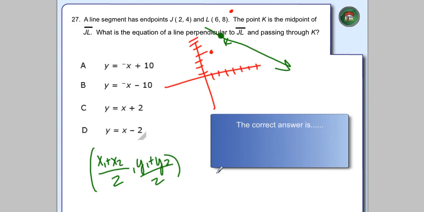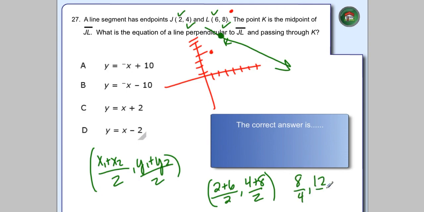So here we go. You would do 2 plus 6, divide that by 2, and then do 4 plus 8 and divide that by 2. Because here's your x's, add 2 and 6 together, and then add your y's. Now that would be 8 over 2 and then 12 over 2, which would reduce to 2, 6.